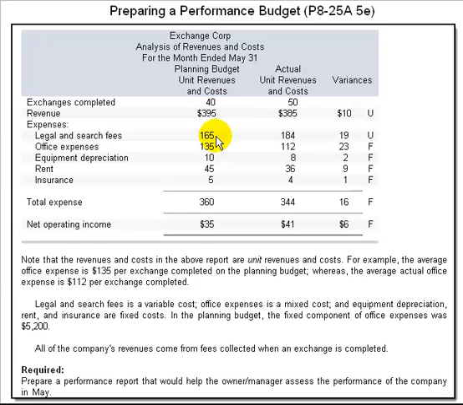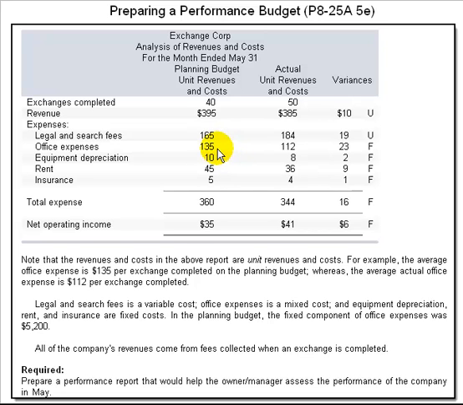Then we look at legal and search fees, and we see $165 was the per unit cost of the legal and search fees. Again, this is all on unit revenues and costs, so it's per unit. Actual was $184, so $19 unfavorable.